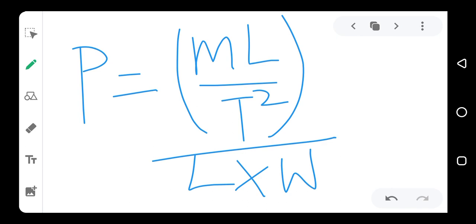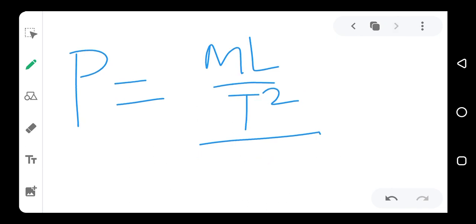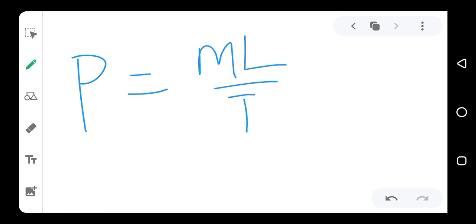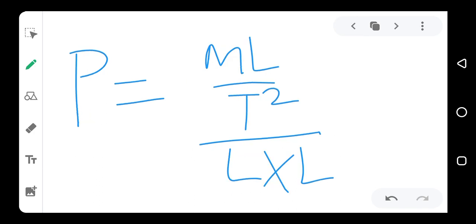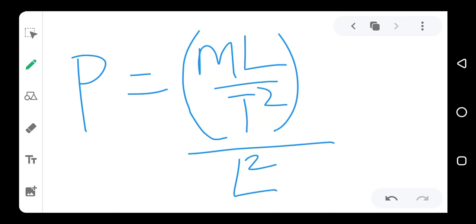So we can still replace W, which is the width, with L. And so we have L times L. And so we have that P is equal to ML over T squared, which represents force, then over L squared. That is L times L is L squared. Okay, so we can do a little manipulation here.